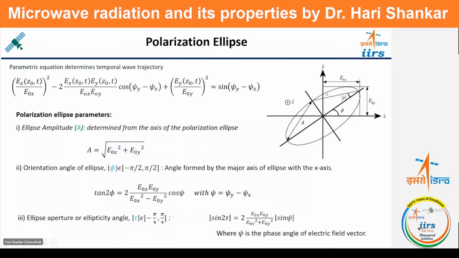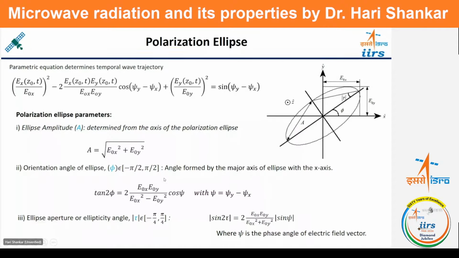That is why it is called the polarization ellipse, governed by three parameters: phi, tau, and amplitude. Amplitude is called the ellipse amplitude, described in terms of the x and y components of the electric field vector. And this is called the orientation angle, or angle of ellipse, phi.